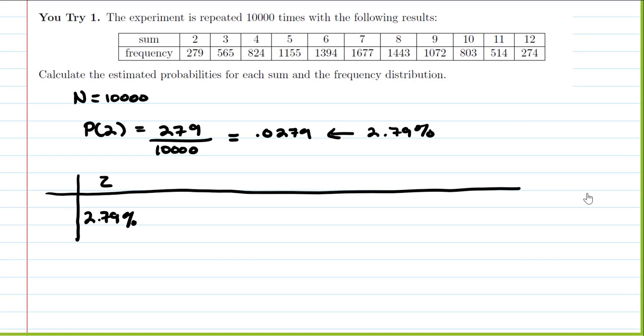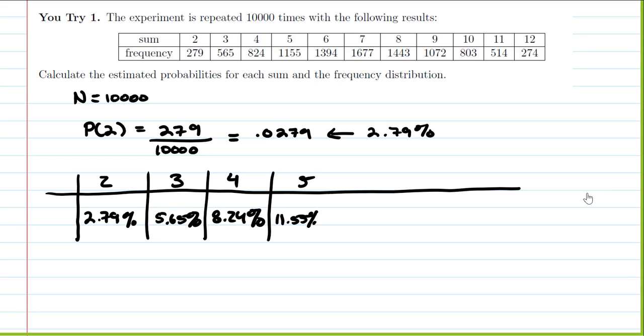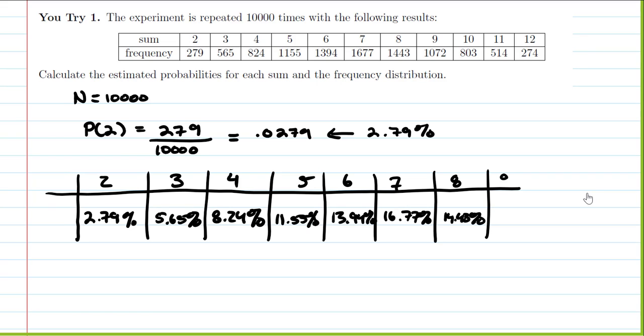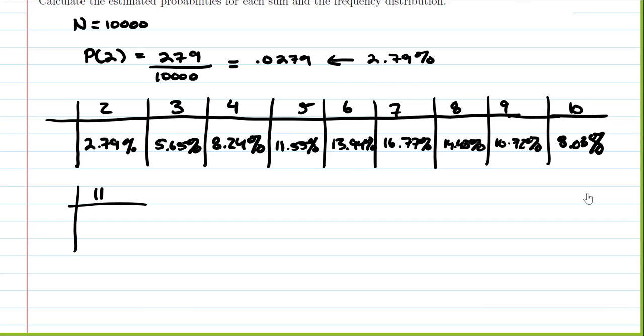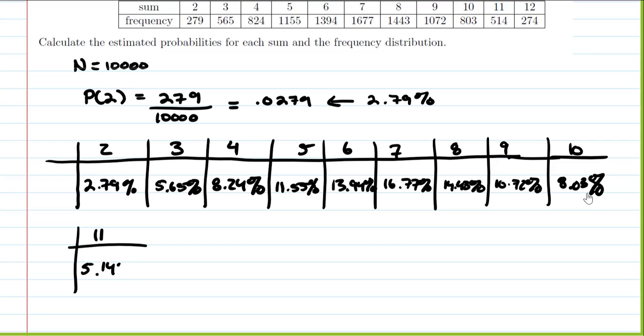So 2.79%. 3 is going to be 5.65%. 4 is going to be 8.24%. 5 is going to be 11.55%. 6 is going to be 13.94. 7 is going to be 16.77. 8 is going to be 14.43. 9 is going to be 10.72. 10 is going to get back to 8.03%. 11 is going to give us 5.14.